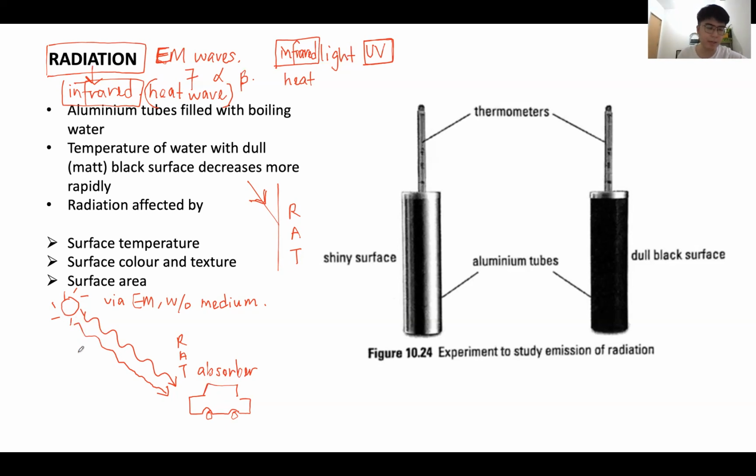Since the sun is the one giving out the infrared, we call it the emitter or the radiator. What happens when the car absorbs the infrared? First the temperature will rise. And then when the temperature rises until it becomes higher than the surrounding temperature of the air, then it starts to radiate to the surrounding.